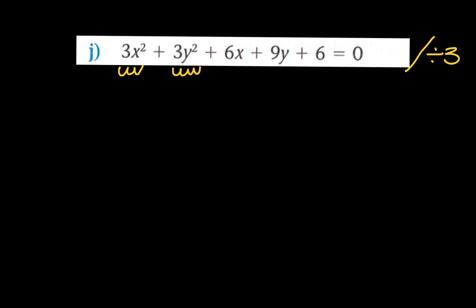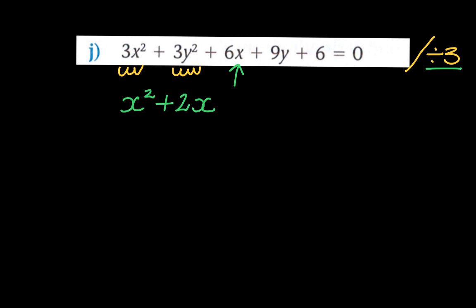So what do we get if we divide everything by 3 and we group it to prepare our equation so we can start looking for the center of a circle? So 3x squared divided by 3, I get x squared. I will also have a 6x here. 6x divided by 3 is 2x.